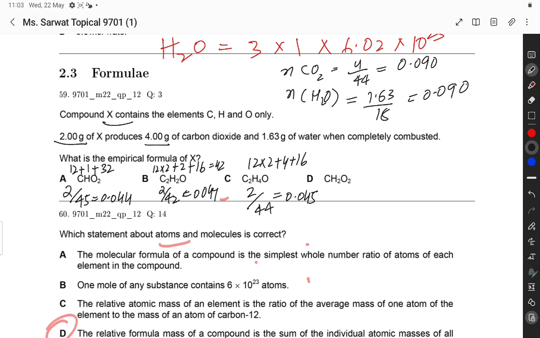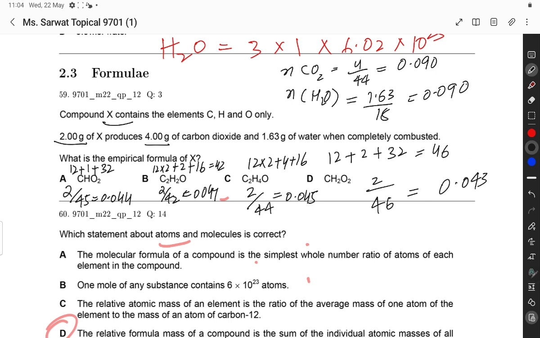Similarly, this is 12 plus 2 plus 32 equal to 46, and 2 over 46 is equal to 0.043.